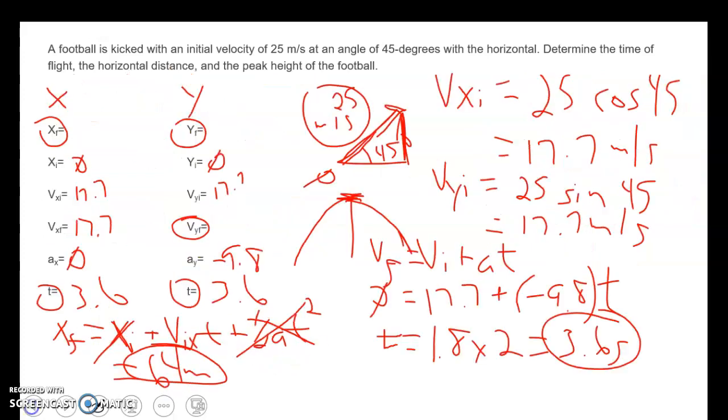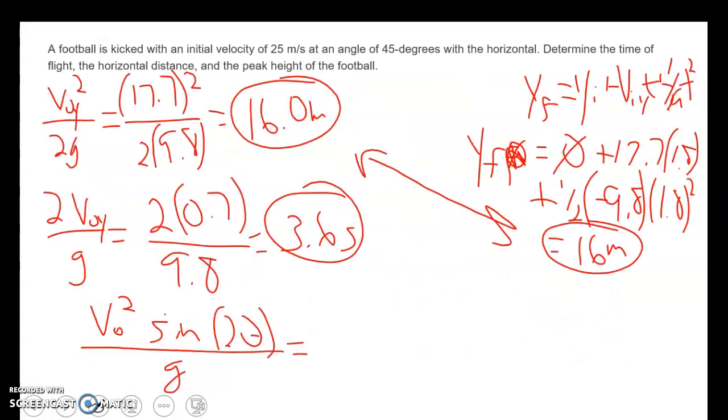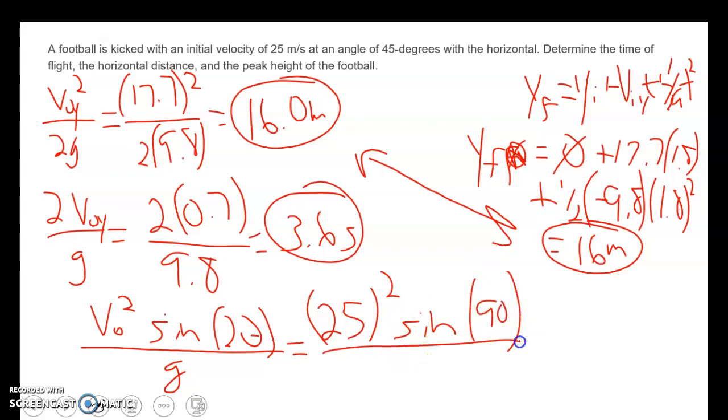Our v0 squared would be this velocity here, so 25 squared, times the sine of 2 times our angle, which is 45, so 2 times 45 is 90, over g, again we're on Earth, 9.8. We punch these numbers in, and we get 64 when we round. And you can see how this all fits together.